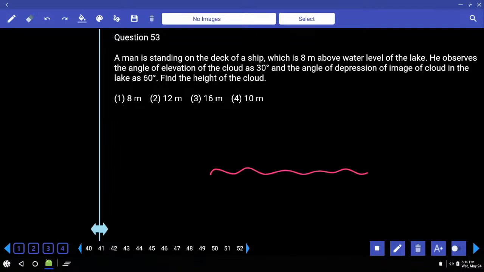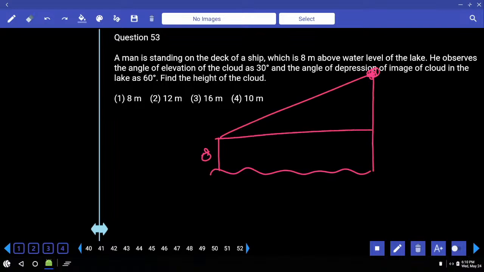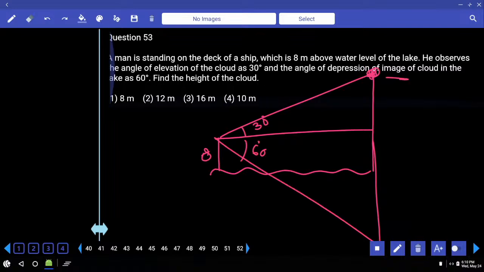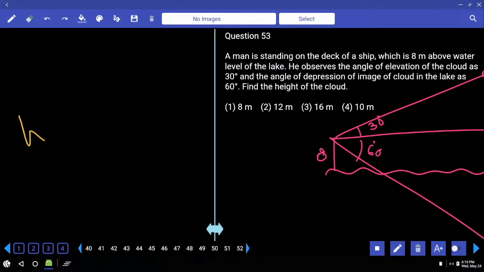If this is the water level, he is at a height of 8 meters from the water level. From this place he is observing a cloud. This is the cloud. The angle of elevation is 30 degrees. As this is water, he can see the image of the cloud also, so the image of the cloud is making an angle of 60 degrees. Then what is the height of the cloud? That is h is equal to d into sine of beta plus alpha by sine of beta minus alpha.